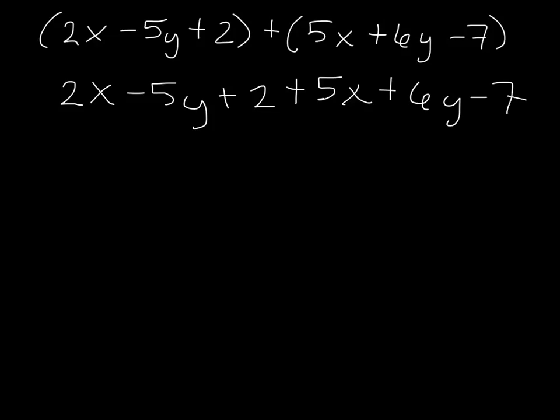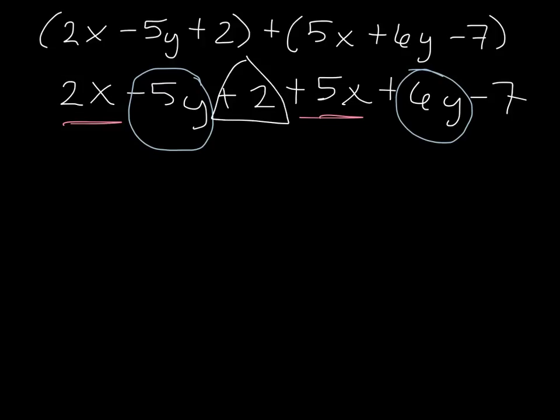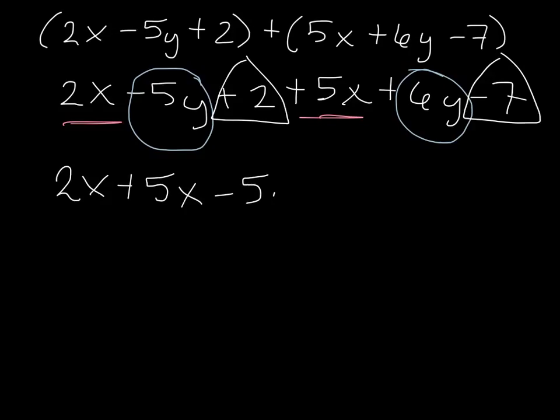Right? And I can use the same strategies that I was using before, where I underline ones that are the same, I can circle ones that are the same, and I can just, I don't know, triangle, just looking at different symbols that exist there. And I can rewrite it so that I've got 2x plus 5x minus 5y plus 6y and plus 2 minus 7.